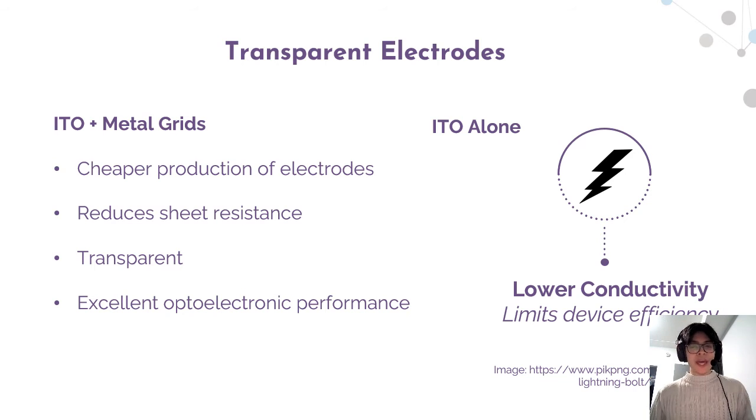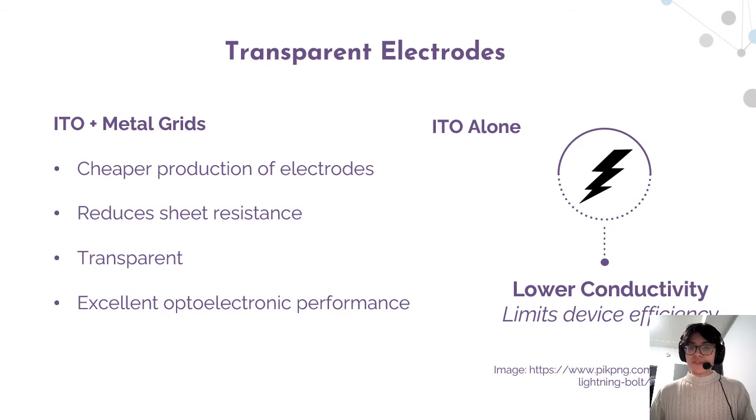The second component we aim to improve upon is the electrodes of the TENG devices. Commonly, indium-doped tin oxide, or ITO, is used as a transparent electrode material for applications like touchscreens or solar cells. However, ITO has a lower conductivity compared to metals, reducing device efficiency.